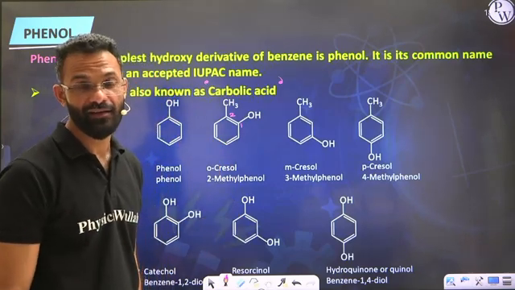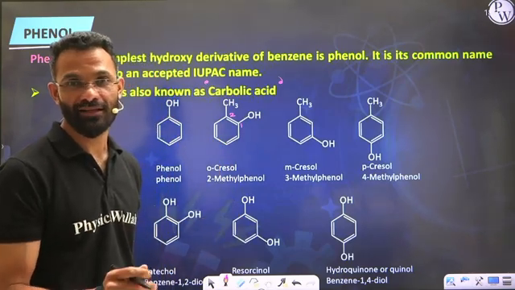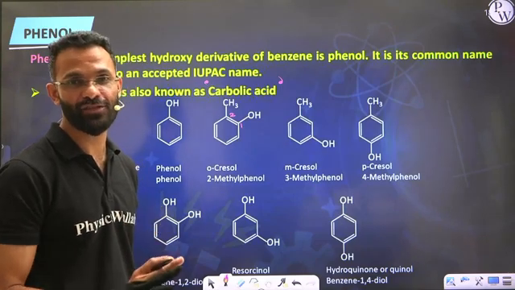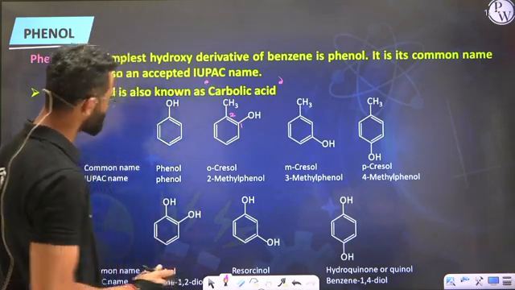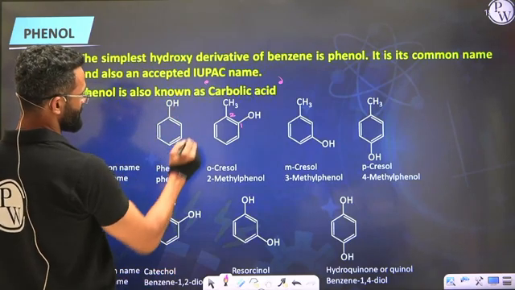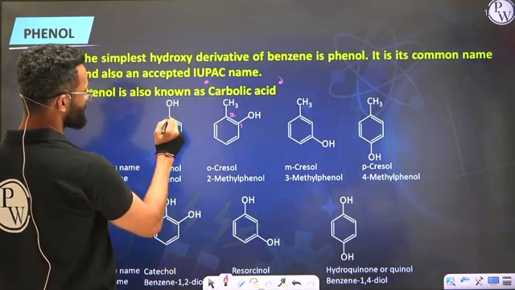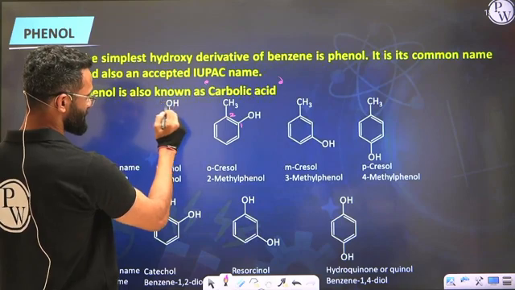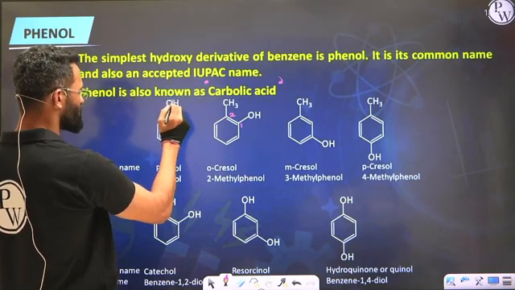Right everyone? I used the term ortho position. In case anyone is not aware of that, let me tell you. See, in this aromatic compound, this is the carbon where the functional group is present, or for that matter some substituent is present.